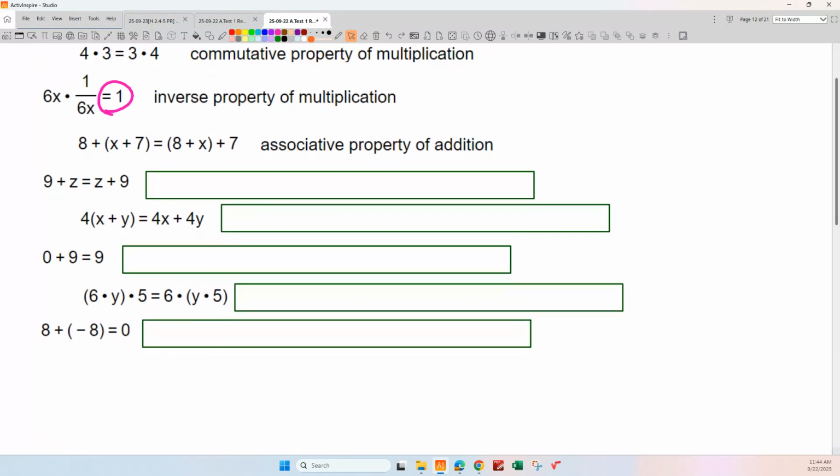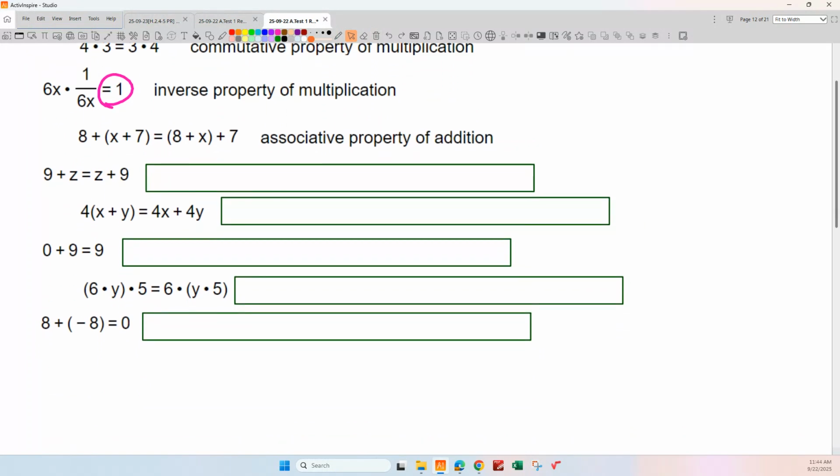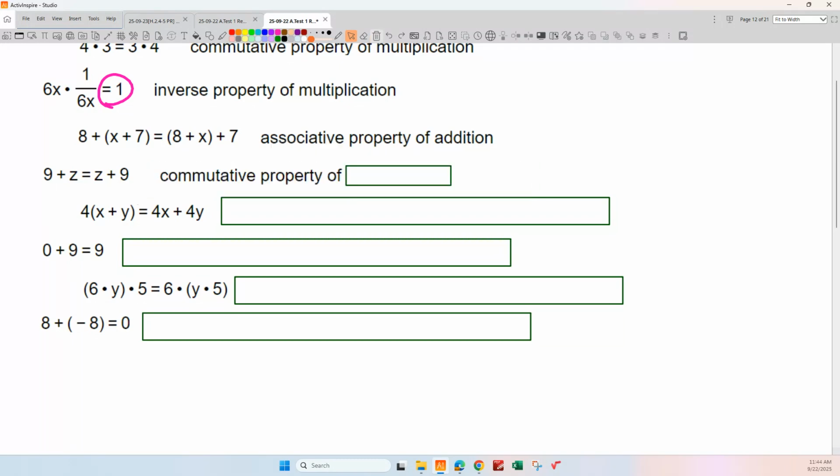9 plus z equals z plus 9. What do you think about that one? What is it? Commutative property. I agree. I like that. Commutative property. Okay? Okay, Trent, what's the next one? We're used to that one, right?